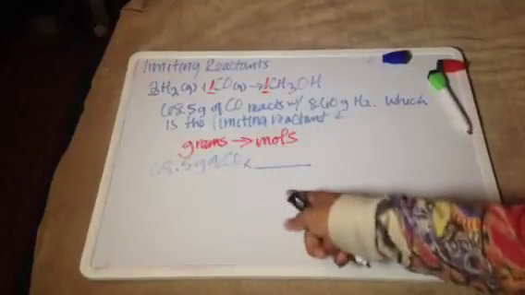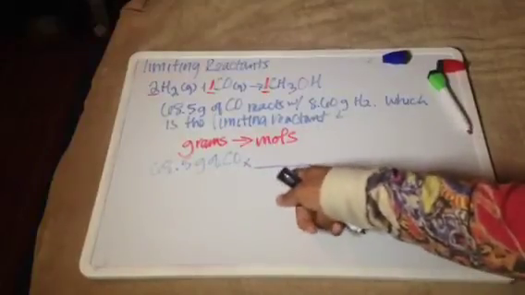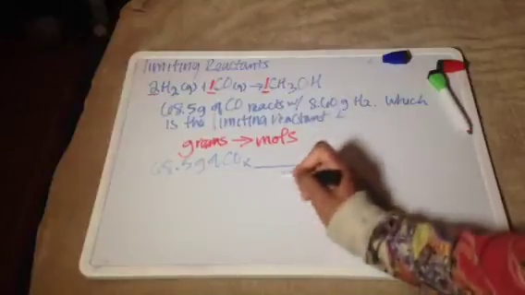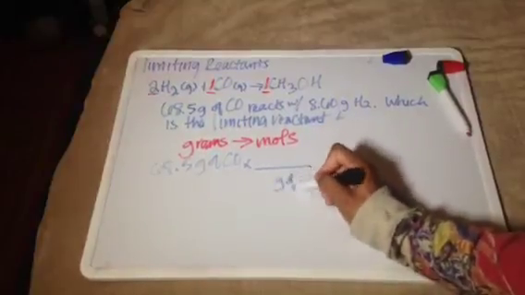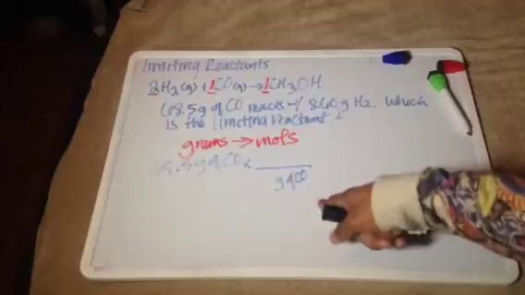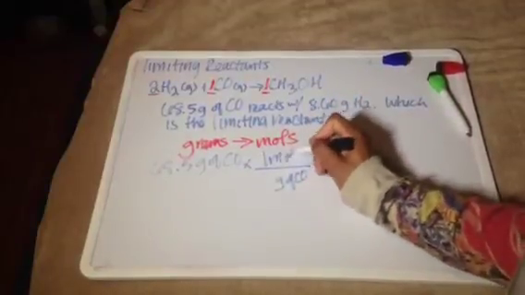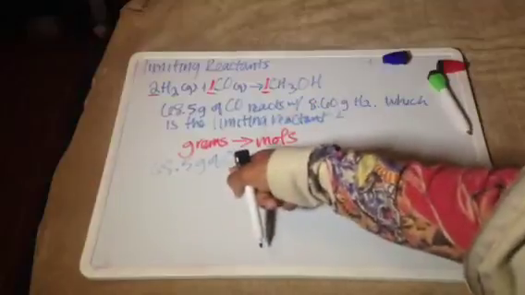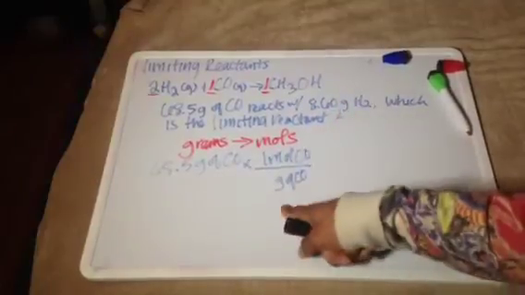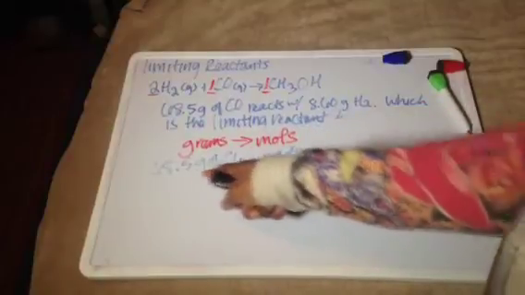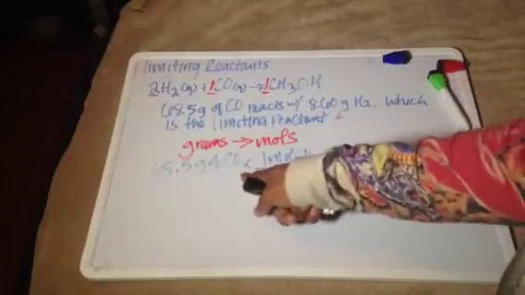We know that our divisor has to be grams as well. And we know that to get 1 mole of compound carbon monoxide, we have to divide the grams of carbon monoxide by the molecular weight of carbon monoxide.